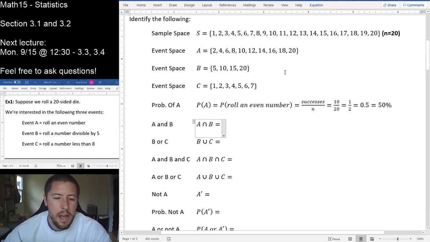So other things here, we want to help define our "and" and our "or" words. And what you can see is that I'm using different notation for these two.